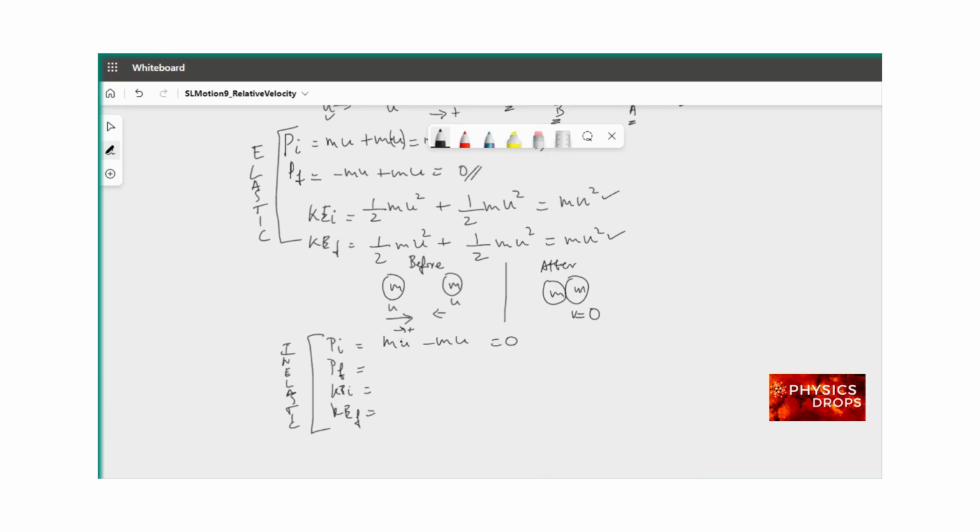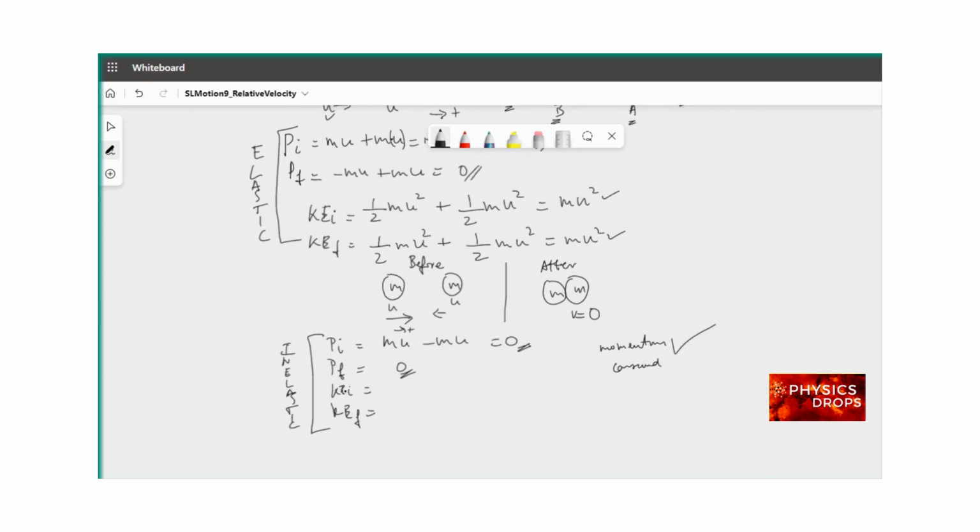This is 0. After collision, again they come to rest, so it is totally 0. So the initial momentum and final momentum are matching and equal to each other. Momentum is conserved. In elastic collision also momentum is conserved. Momentum is conserved here.